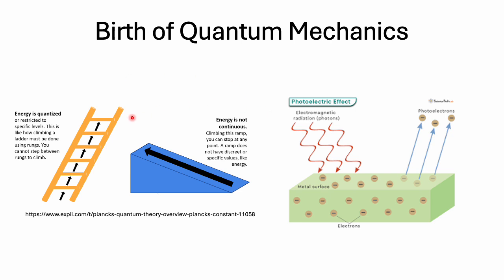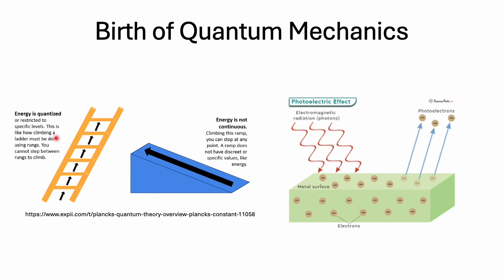So here you can see in the illustration, this is a classical system where energy changes smoothly and continuously, just like this ramp, you can move up and down. If you imagine pushing a ball up a ramp, it can stop at any height along the ramp, reflecting any possible energy level.